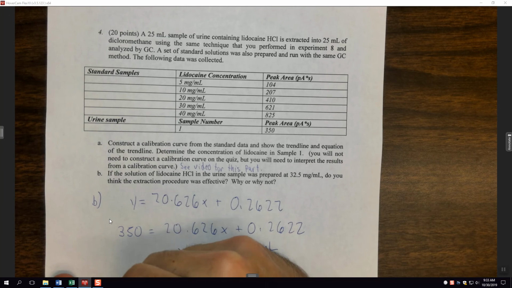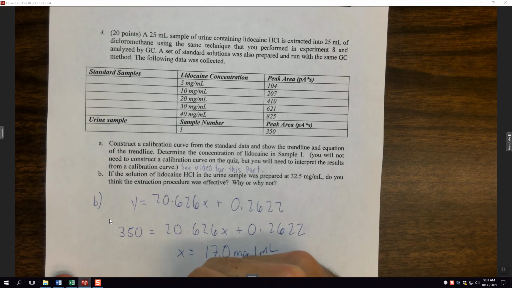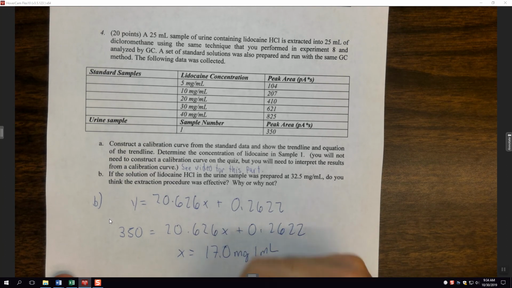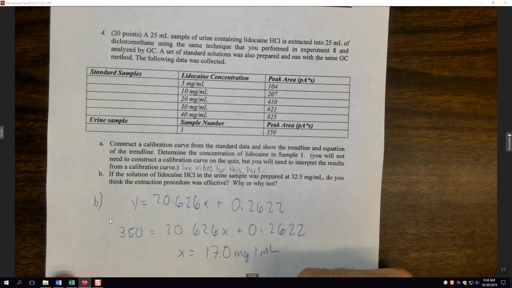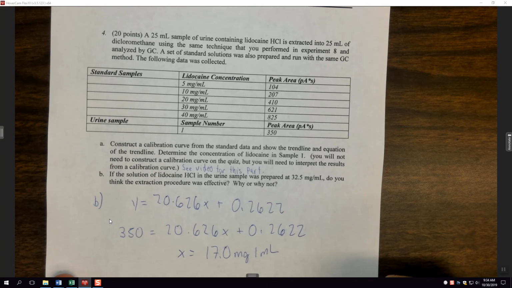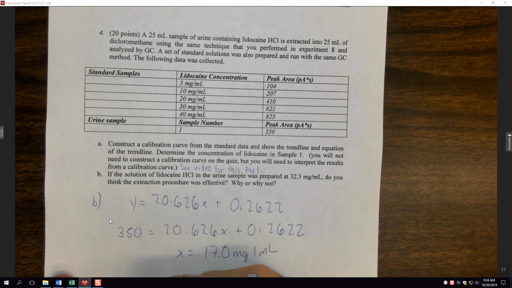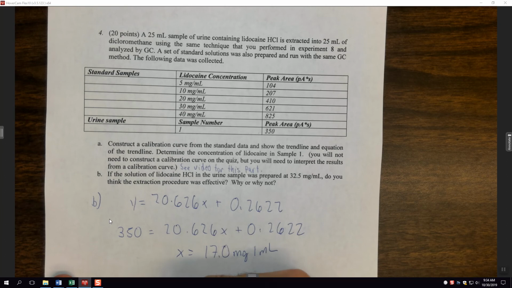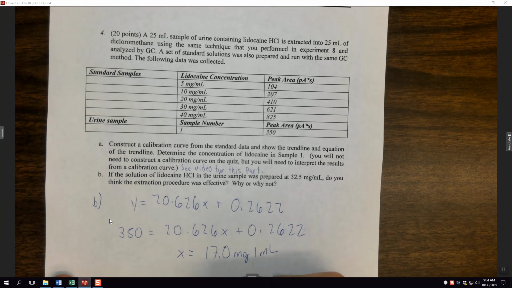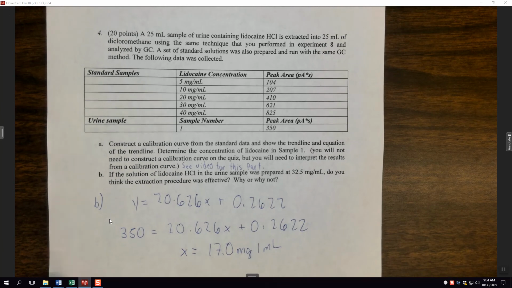But the concentration was 32.5 milligrams per milliliter, meaning some lidocaine was not extracted. Okay, so the extraction procedure was not very effective.